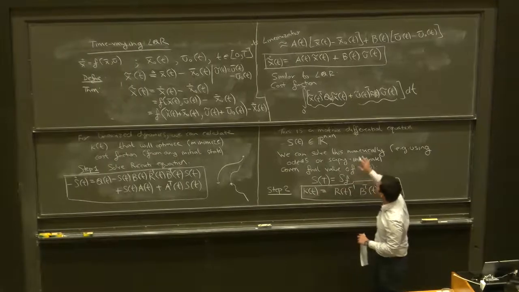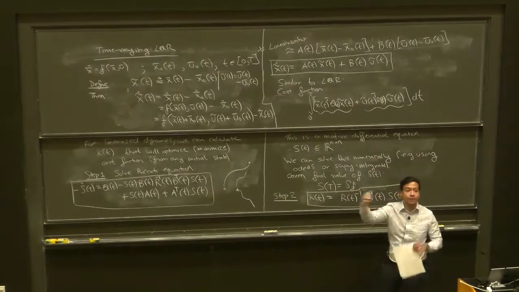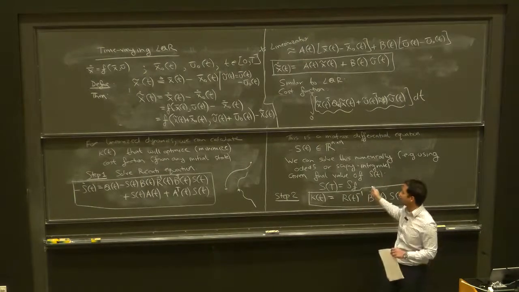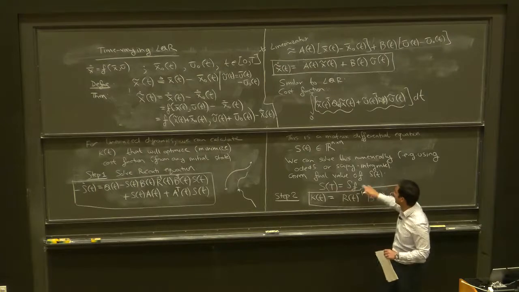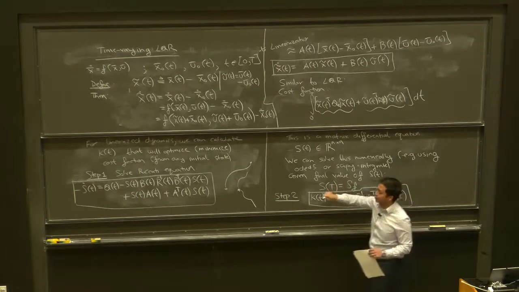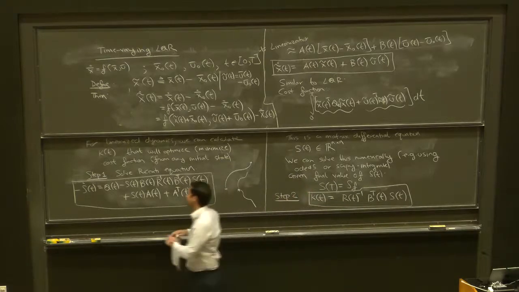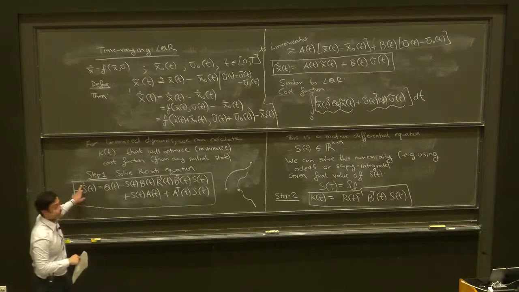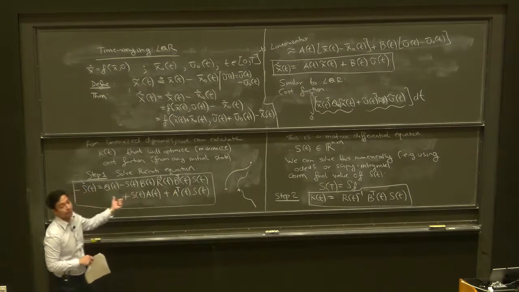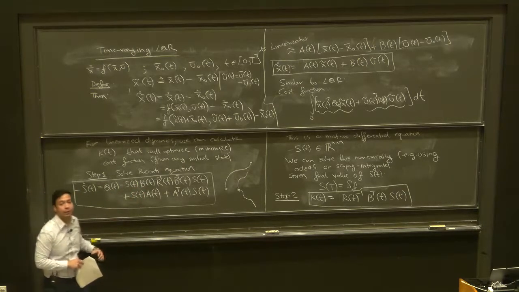For solving the differential equation, you need some boundary condition, either at time 0 or at time capital T. Yeah, typically you set the boundary condition at the final time, and then you integrate this equation backwards, because it's minus S dot of t. And what that will give you is S at every time that satisfies this differential equation. Does that make sense? Okay, good. All right, other questions?